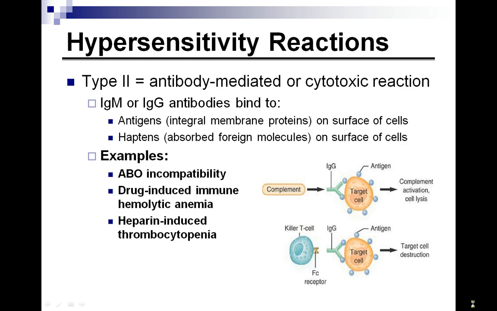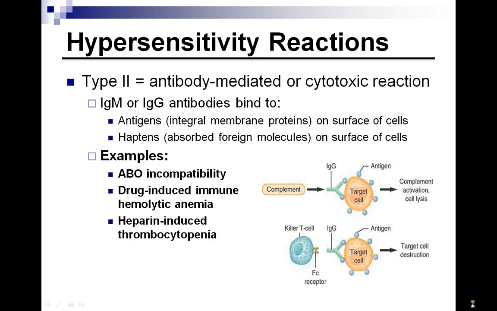A type 2 hypersensitivity reaction is called an antibody-mediated or a cytotoxic reaction. These reactions involve IgM or IgG antibodies, and in these cases the antibodies bind to either an antigen on the surface of cells or a hapten on the surface of cells.